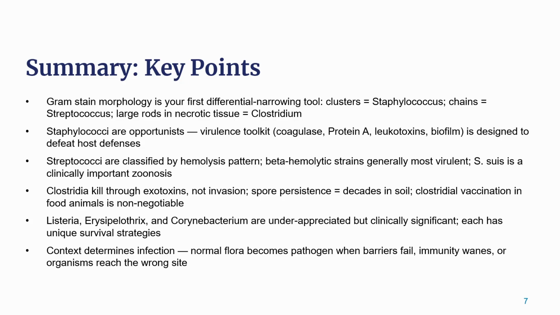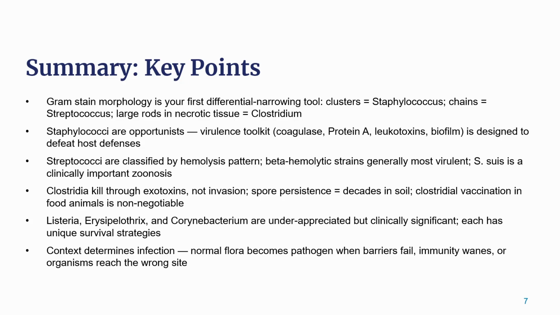Pull this together. The gram-positive world is diverse, but it's organized. Morphology on the gram stain gives you the first branch of your decision tree. Then you layer in the site of infection, skin wound, joint, gut, lymph node, and the clinical context. Is this a normal flora opportunist or a true primary pathogen?